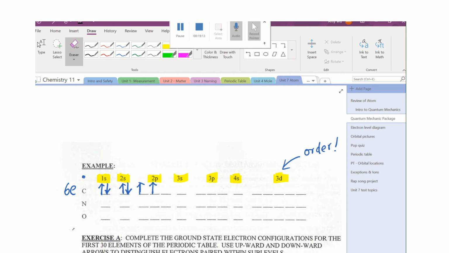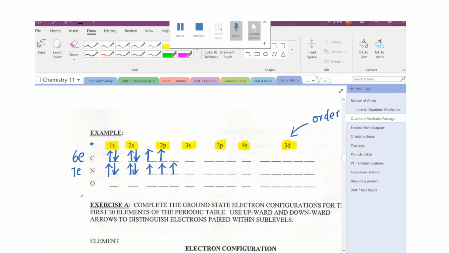I hope you have no problem doing this, but let's quickly go over the answers. Nitrogen has 7 electrons, right? So 2 in the 1s, 2 in the 2s, and then I have 3 more, so 1 goes into each of the p orbitals, px, py, and pz.